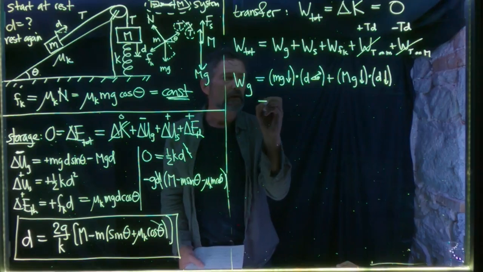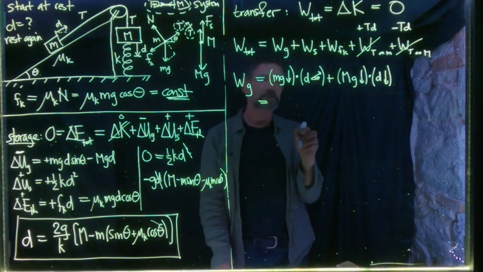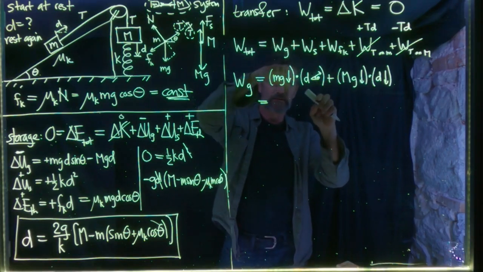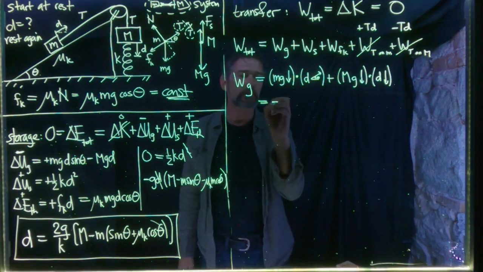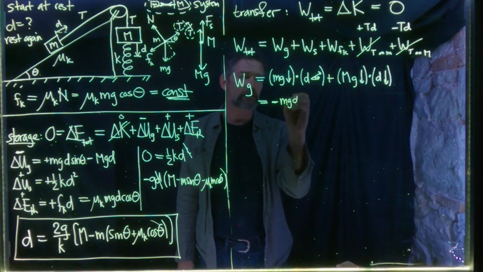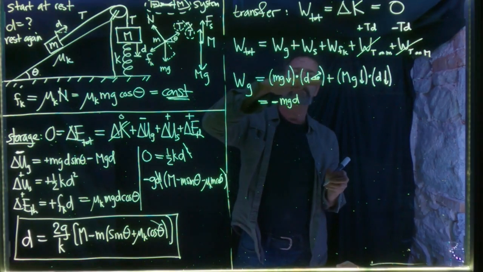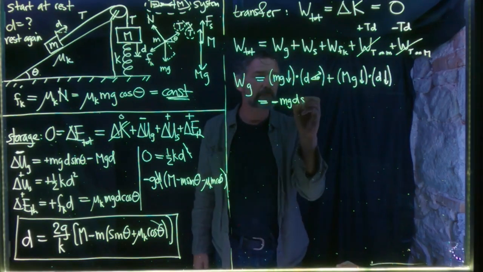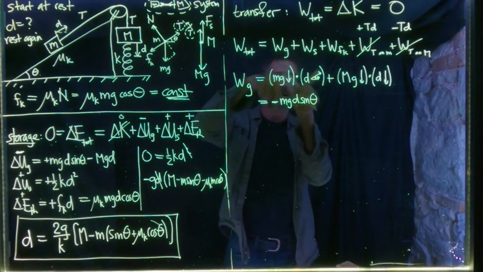Okay, so this is going to be, because the angle between this vector and this vector is greater than 90 degrees, this one is going to be negative, and it's going to be a negative mgd, and then there's going to be a sine of the angle theta when you take the vector dot product between that guy and that guy.